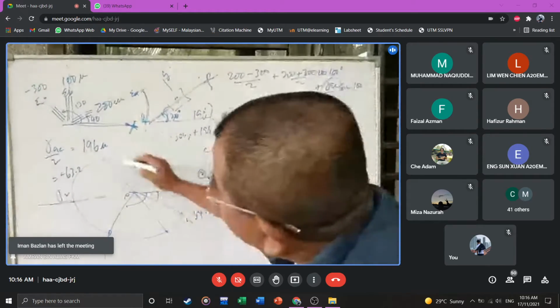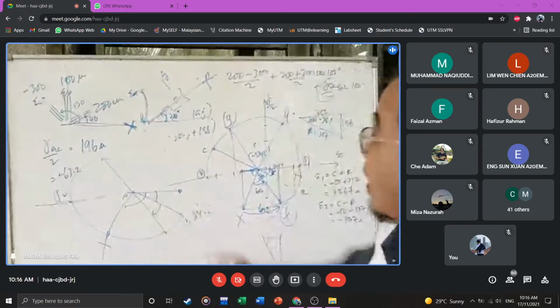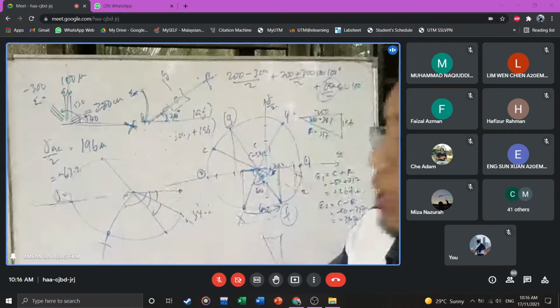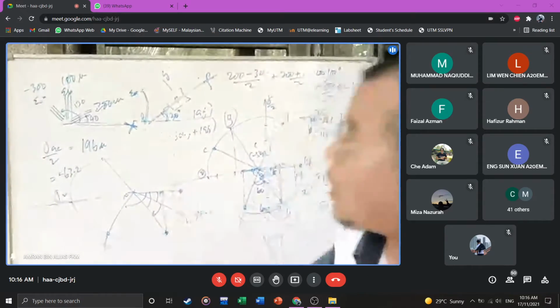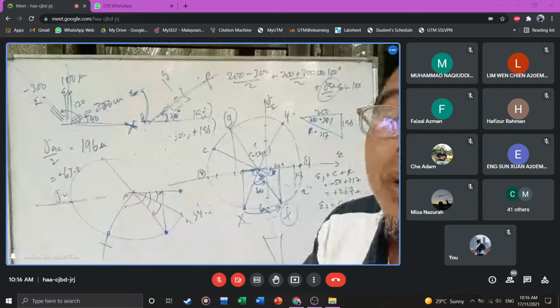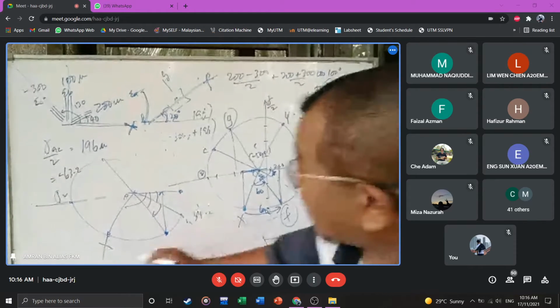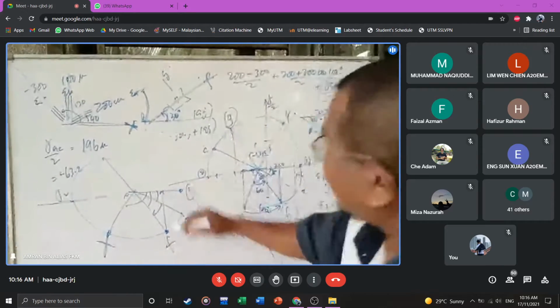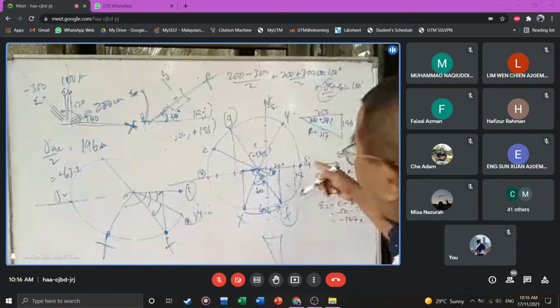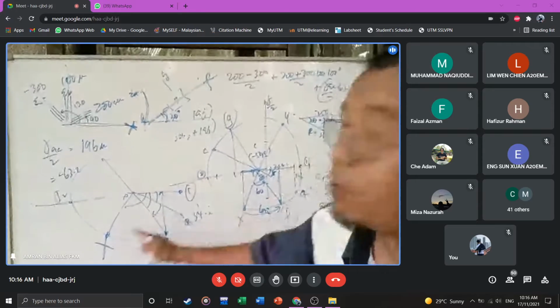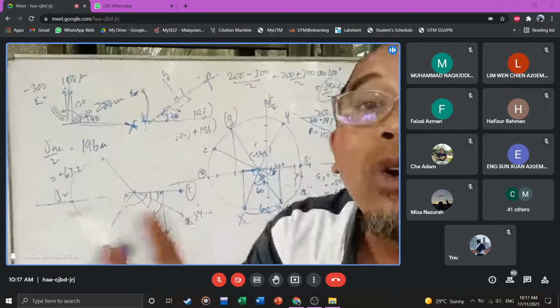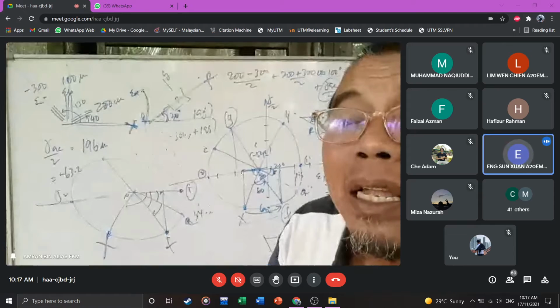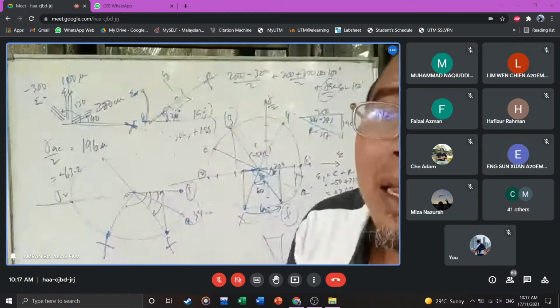From here to here, how many angles? F. And then you can read the value there. See that? The X position, the F position, the A position, the 1 position, A1, F, X must be shown here. Are you with me, guys? Yes. Very easy.